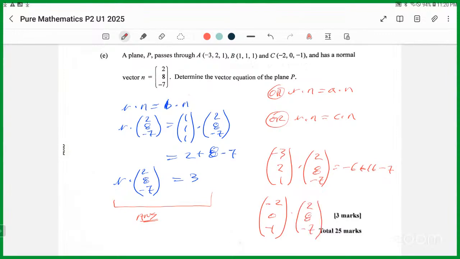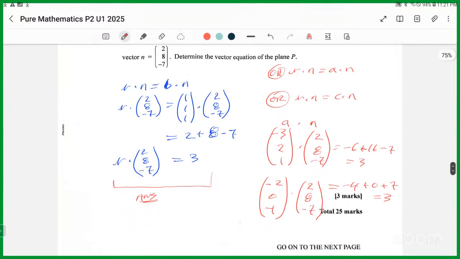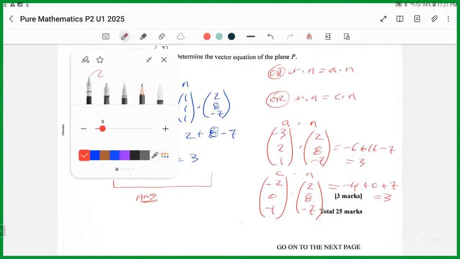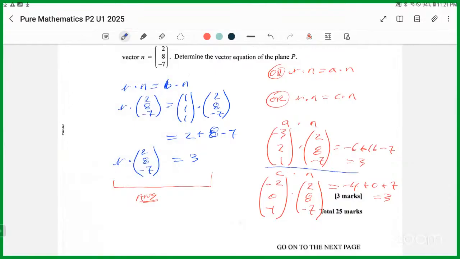What would this be? That is negative 4, and that is 0, and then this is a positive 7. So this equals 3 and this equals 3. So any one of them, you get the same thing. This one would be a dot n, and this one would be c dot n. Any one you do, you get 3 just the same.